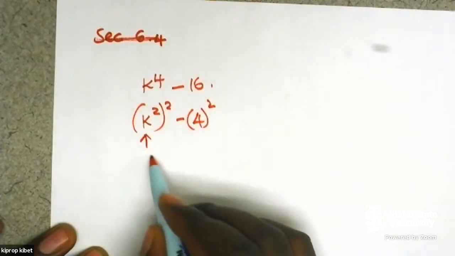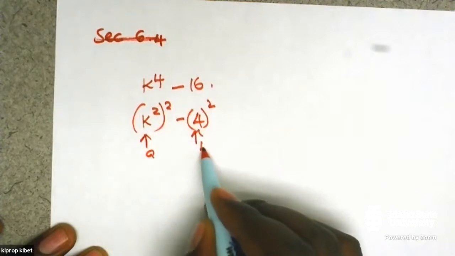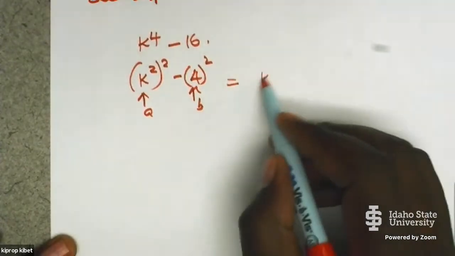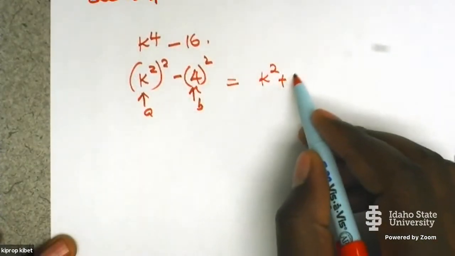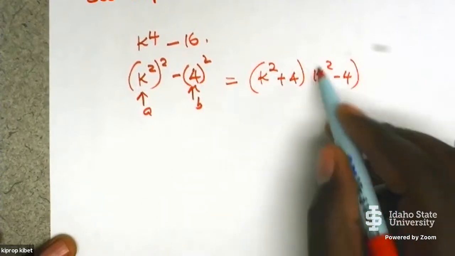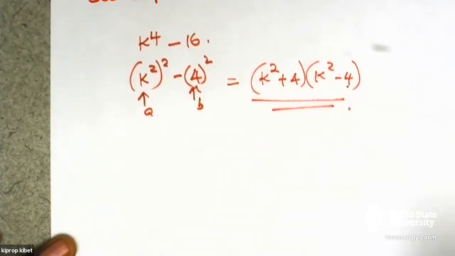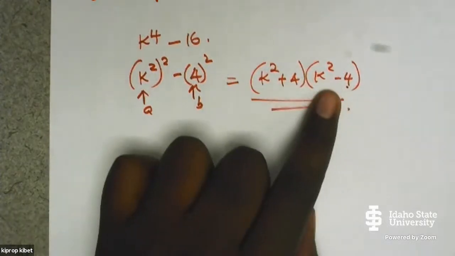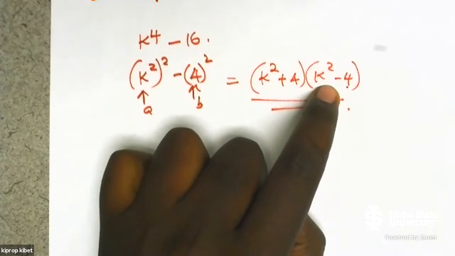So this is our A, and this one is our B. Therefore, this is equal to k squared plus 4, k squared minus 4.